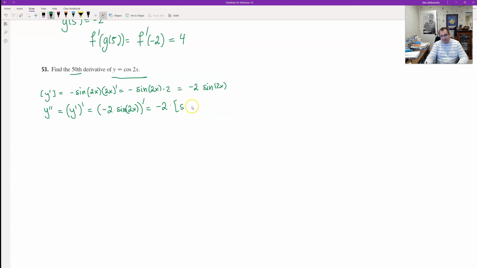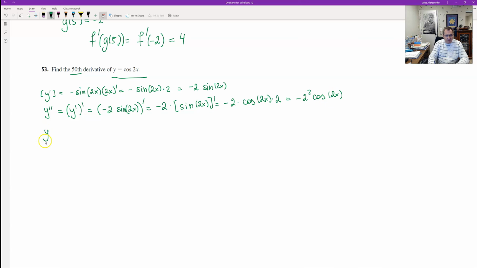And the derivative of sine of 2x we can evaluate using the chain rule. In particular, it will be cosine of 2x multiplied by the derivative of 2x, which is 2. To summarize, negative 2 squared cosine of 2x.